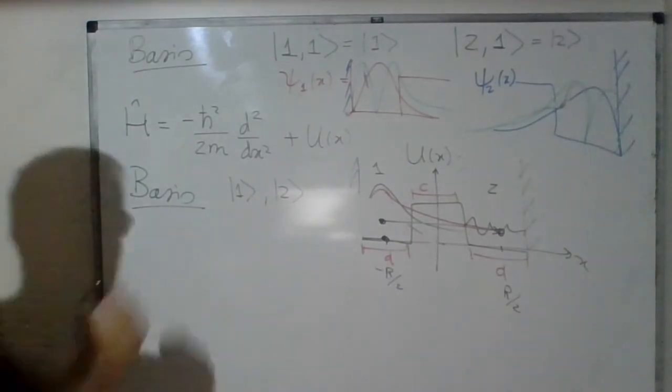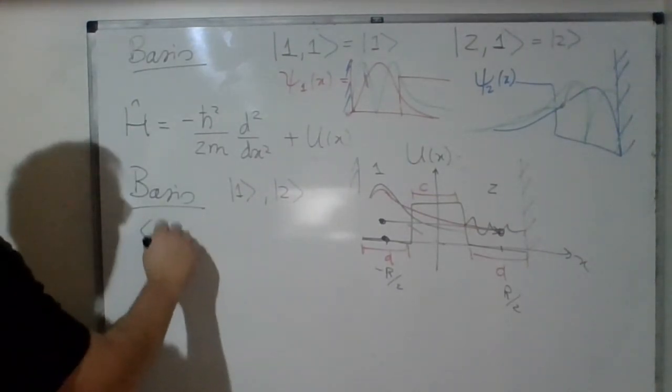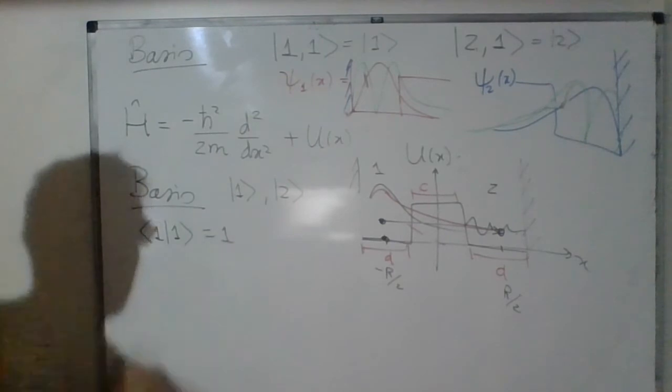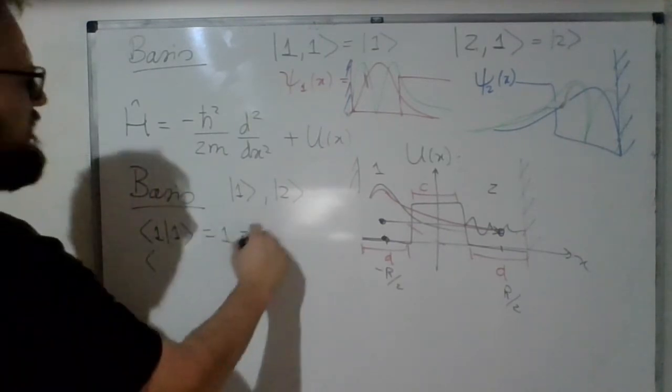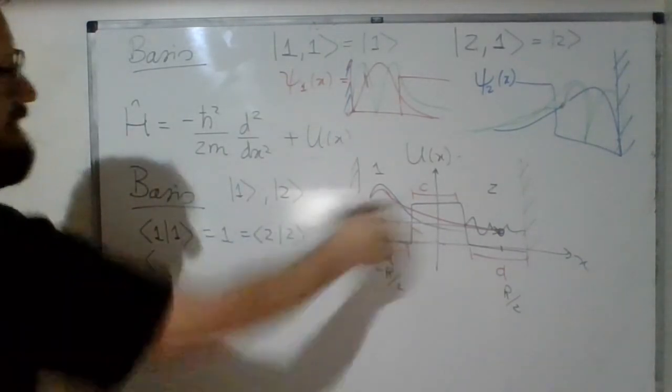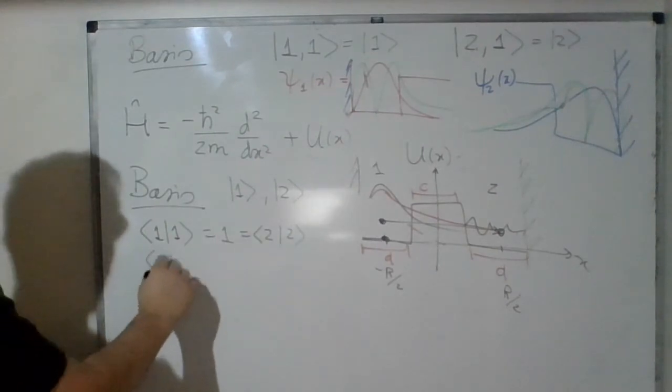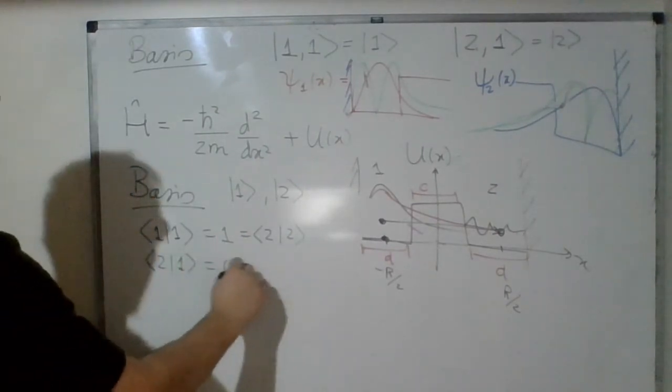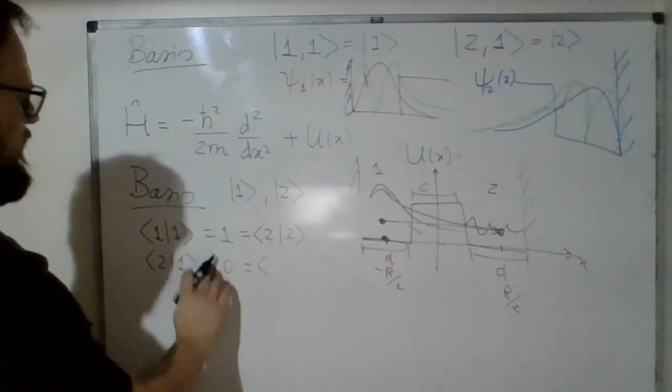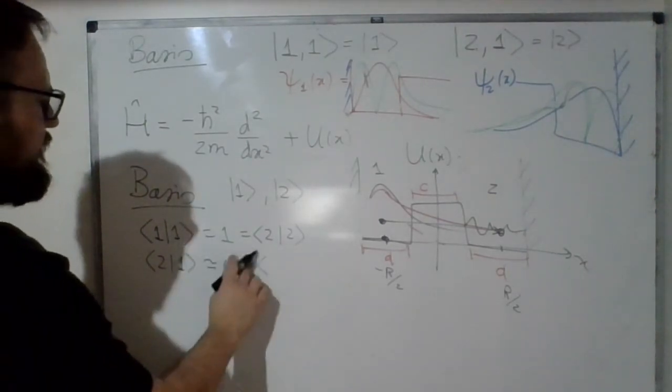But now use this as a basis. So 1 projected into itself, it's already normalized. Also, the function of the second well is already normalized, but they are supposed to be nearly orthogonal.